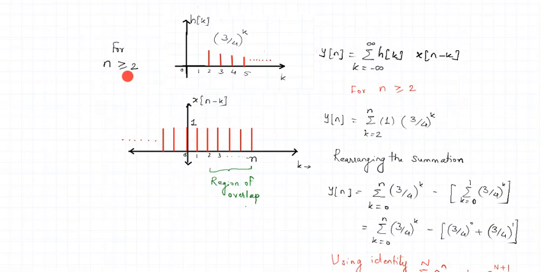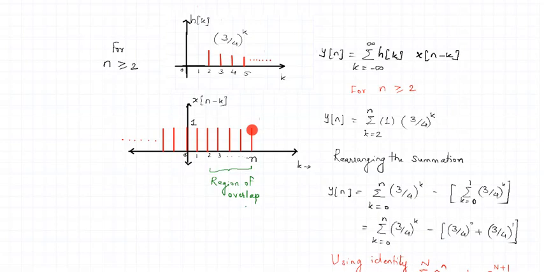So with this particular case, let us identify first the region of overlap. What is the region of overlap between the two signals with the condition n greater than or equal to 2? Clearly, the region of overlap starts at the sample 2 and extends to where we place n, because the signal terminates after n.